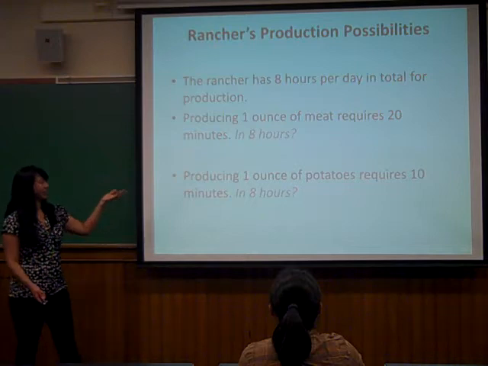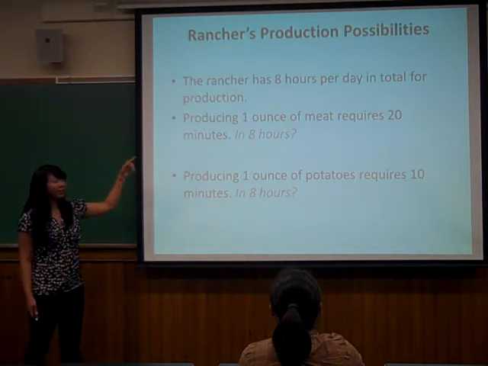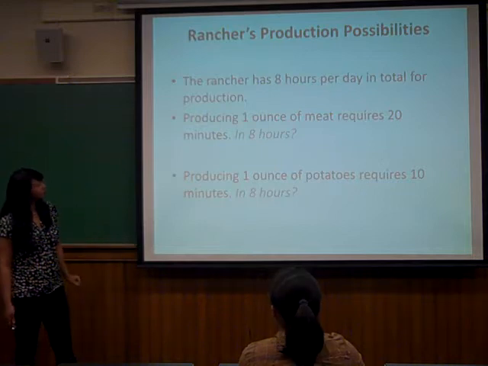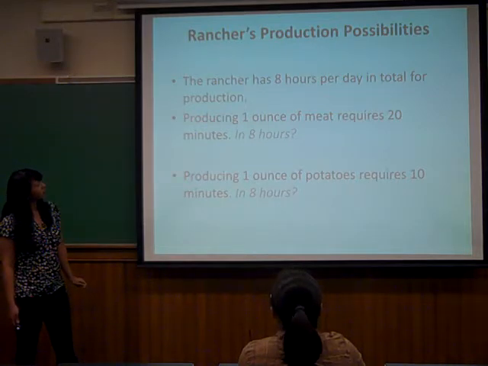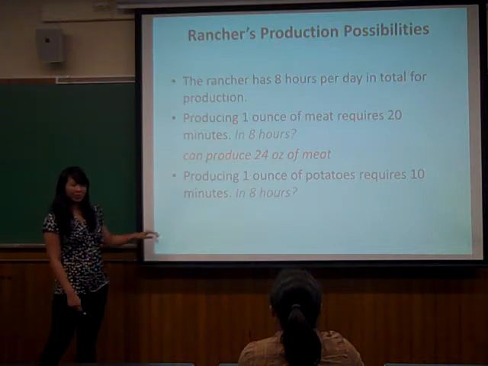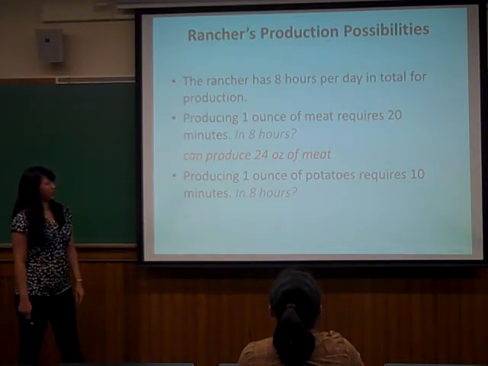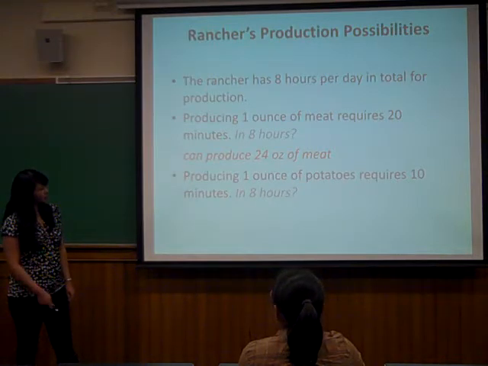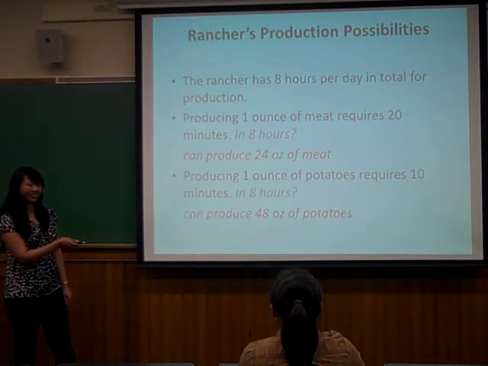My question is again, in 8 hours, how many ounces of meat can the rancher produce? 24, right. And how many ounces of potato can the rancher produce? 48, yes. Good.